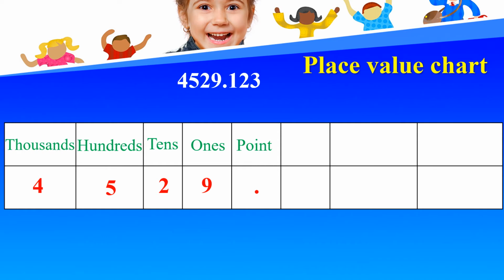To the right of the decimal point, the representation starts from tenths. The spelling is T-E-N-T-H-S. So in the tenths place we have 1, in the hundredths place we have 2, and in the thousandths place we have 3.